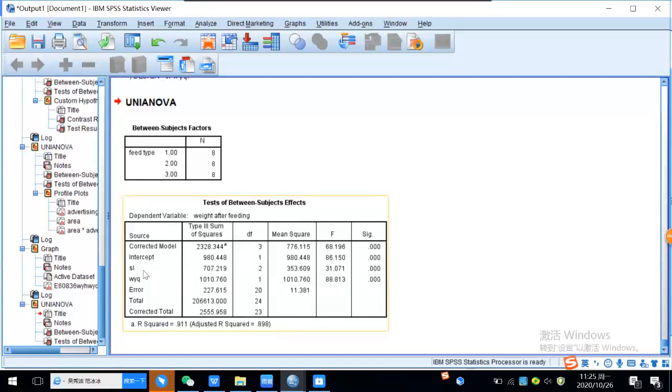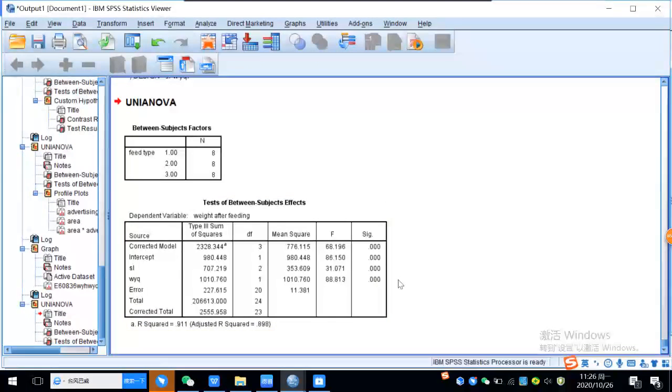For the weight before feeding, the F value is 88.813, and the corresponding significance is less than 0.001.